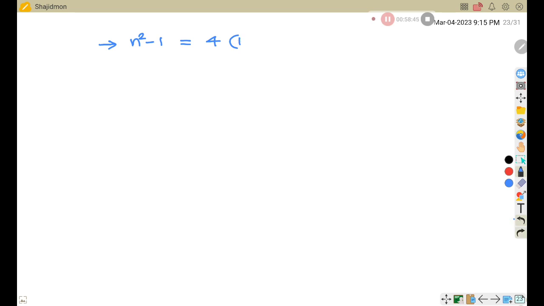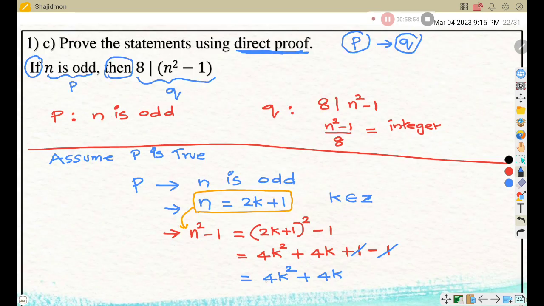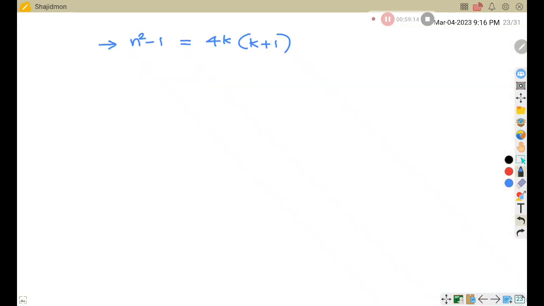So we can go here, 4k multiply (k plus 1), correct? The last, see here, 4k square plus 4k, both terms have 4k common, correct? So 4k take it outside, so we will get here k, here 1, correct? 4k square, we took 4k outside, so k balance, and from 4k we took 4k outside, so 1 balance. So that's what we have written here, 4k multiply (k plus 1).